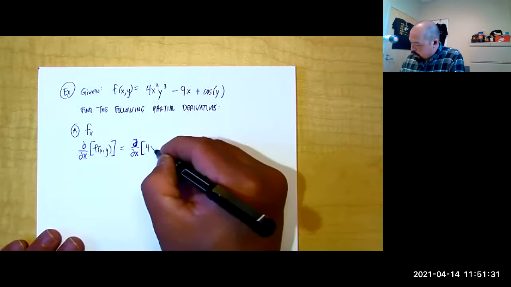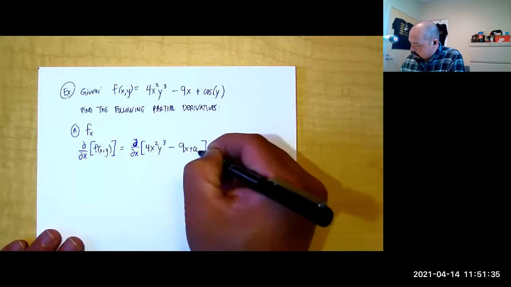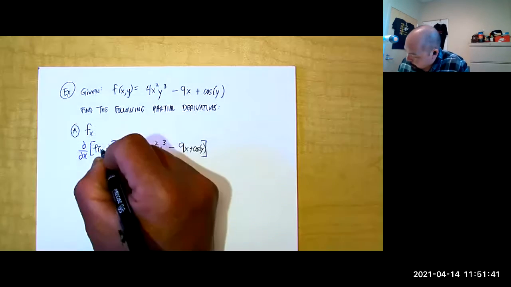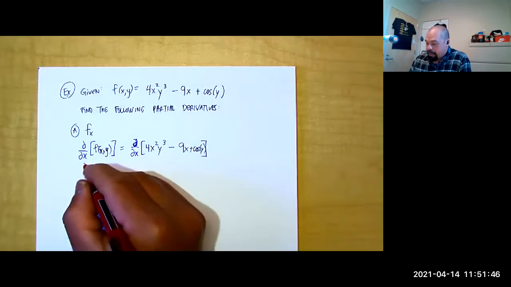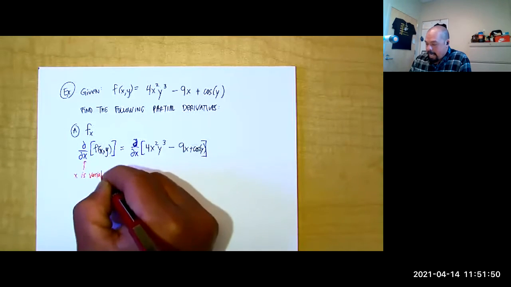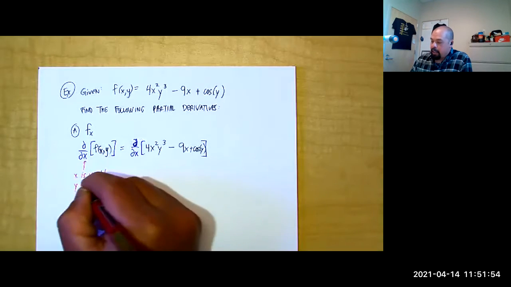Plug in our function here. All right. So in that notation, we're identifying that x is the variable. Any other variable is just going to be a constant. So y is a constant.